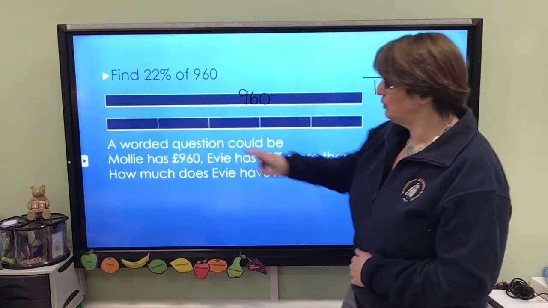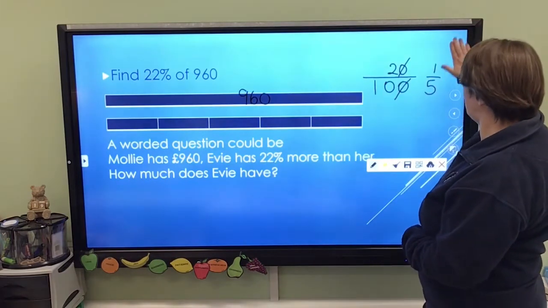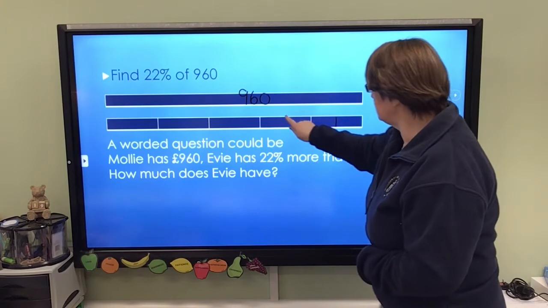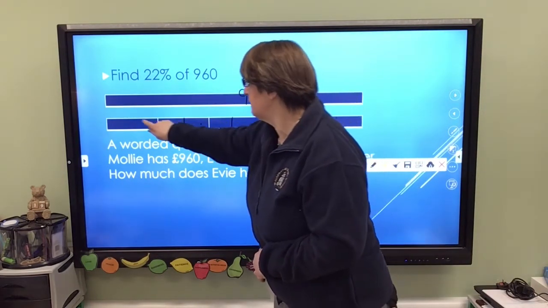So I can use 5. But it doesn't matter if you don't remember that 20% is the same as 1/5 and you do it into 10 sections. You will still get to the same answer.